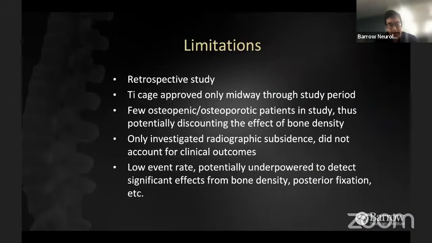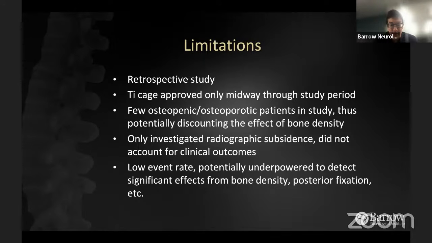The study has some limitations. It was a retrospective study. The titanium cage was only approved midway through the study period, which meant there were fewer titanium cases to analyze. Due to patient selection factors, there are very few osteopenic or osteoporotic patients included, and that may have led to discounting of the effect of bone density. We only investigated radiographic subsidence in this paper.